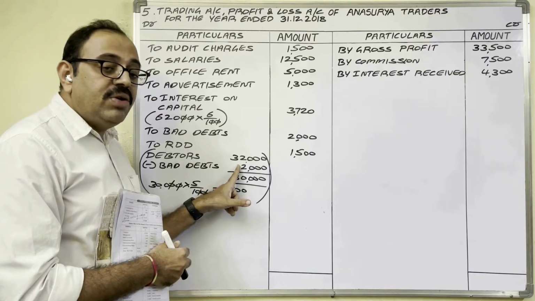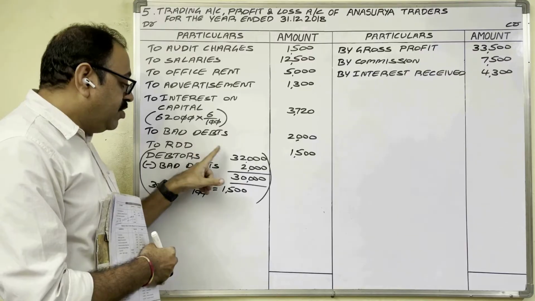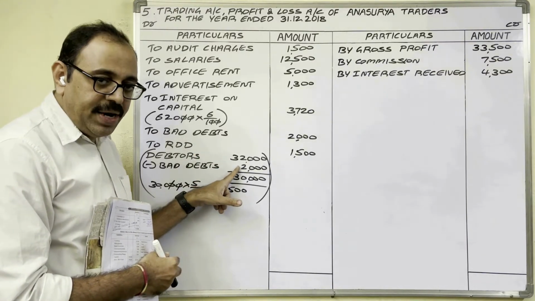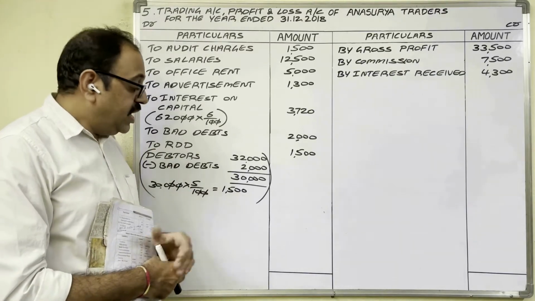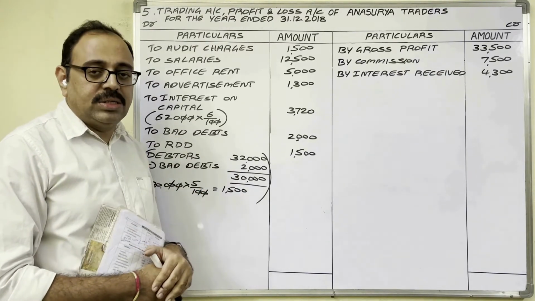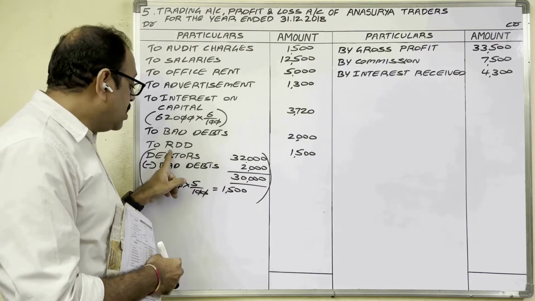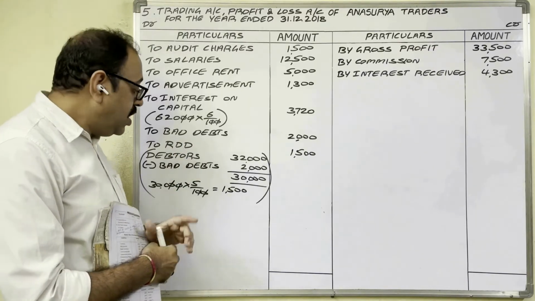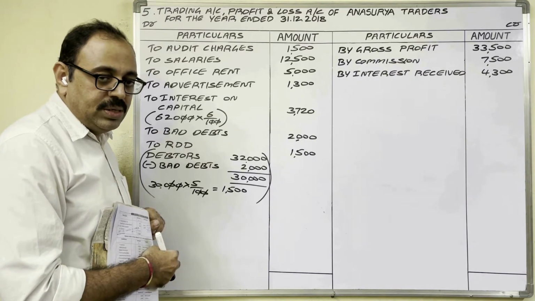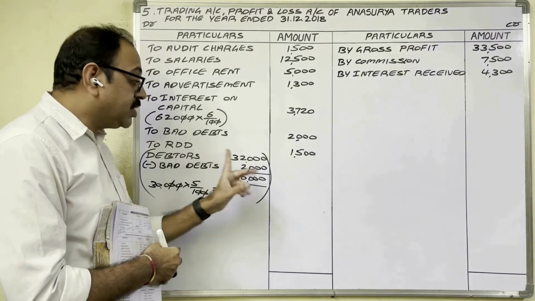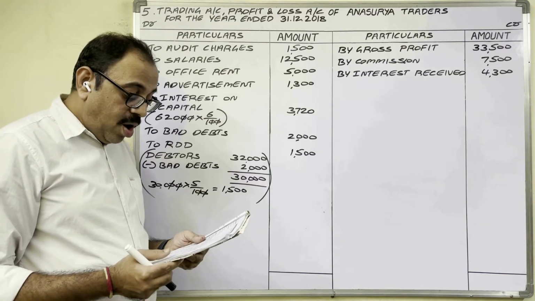If bad debts are given in the adjustments, while calculating RDD, first subtract bad debts from debtors, and only on the remaining debtors calculate RDD. If bad debts are given in the trial balance, then there is no need to subtract bad debts from debtors while calculating RDD. Directly on the gross debtors value, that is 32,000 rupees, you calculate 5%. Remember these points. Next, fourth point, outstanding wages.